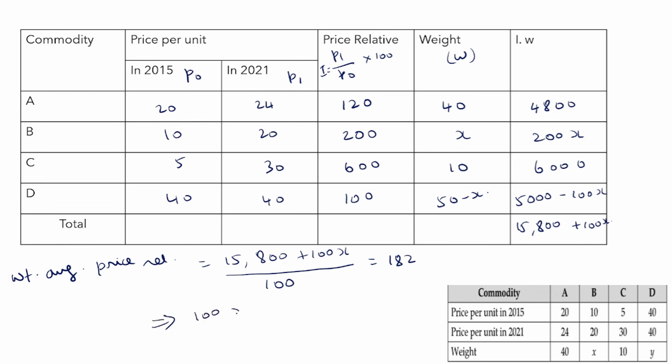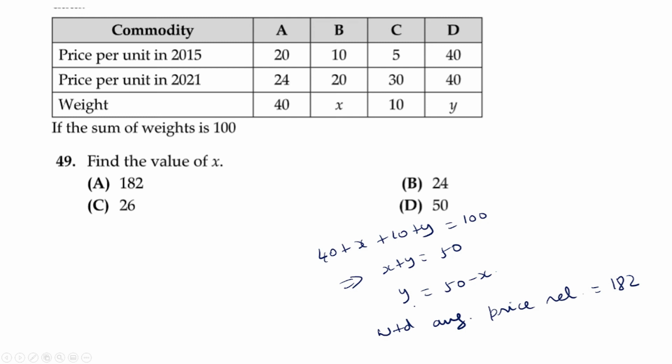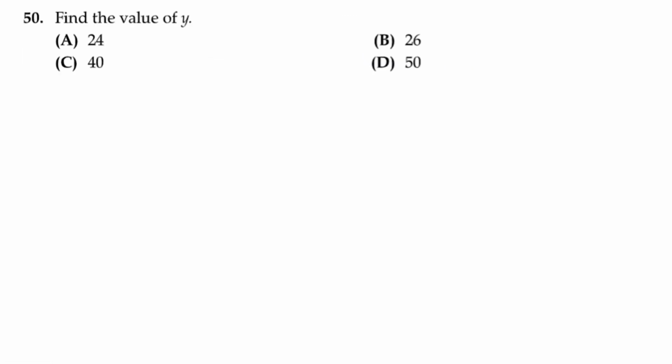So from this we get 100x is equal to 18,200 minus 15,800, or it is equal to 2,400. From this we get x is equal to 24. So x is equal to 24 means the correct option is option B. Now we need to find the value of y.